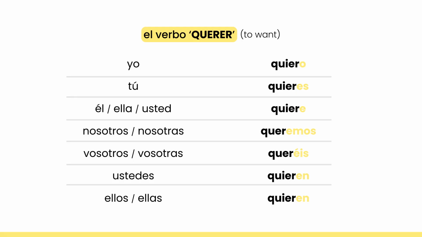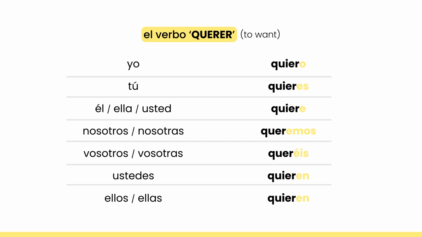Now, as an example, if we look at the verb querer, we saw that the beginning of the verb, which we call the stem, so it's the first piece, roughly stays the same across all of the different forms of conjugation. So when I say yo, I say quiero, and we add an o at the end.